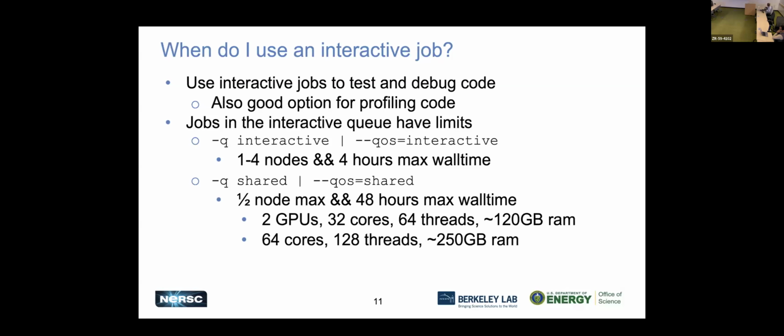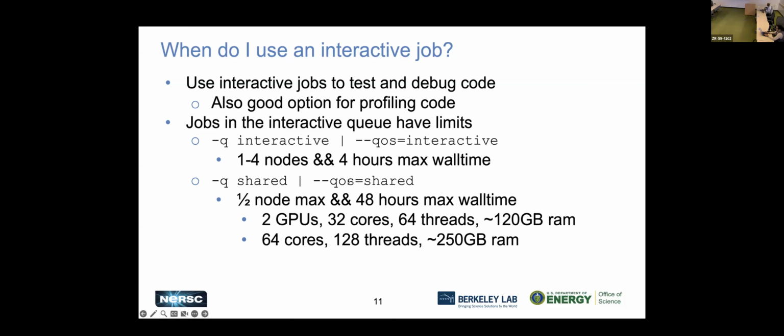Now, there are a few limitations for interactive jobs. You select your QoS being interactive, and with that, you are only limited to at most 4 nodes, and you can only use 4 hours of wall clock time. And that's if you are using not shared, where you only want to make use of the resources.